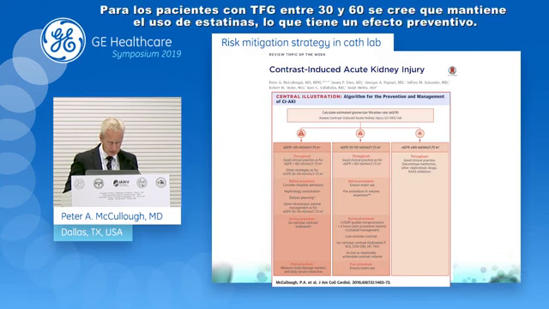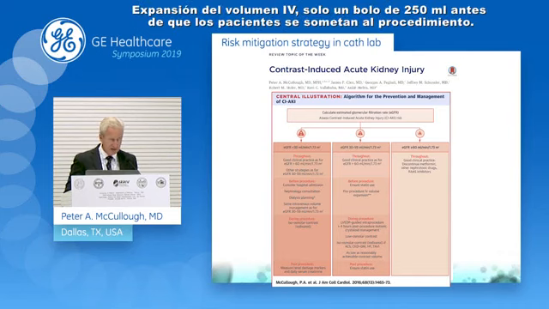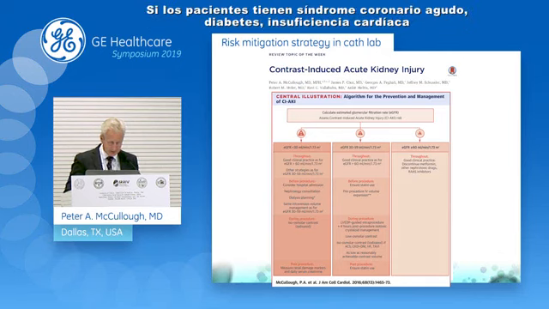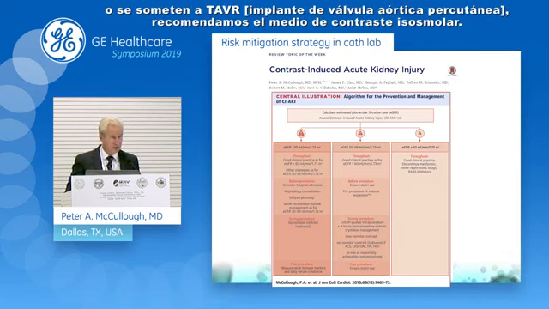GFR 30 to 60, the thought was here to ensure statin use, which has a preventive effect. Pre-procedure IV volume expansion. This is this 250 cc bolus before patients go into the procedure. And then the LV-EDP guided clinical management. If patients have acute coronary syndrome, have diabetes, heart failure, undergoing TAVR, which is percutaneous aortic valve replacement, we recommended isoosmolar contrast.